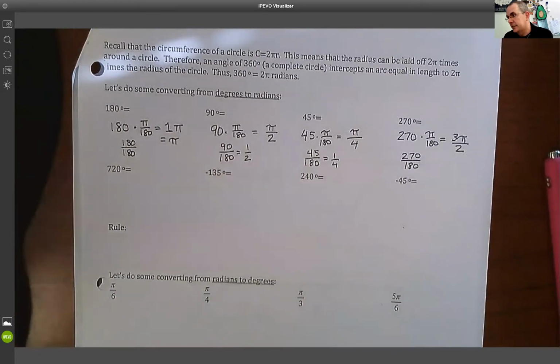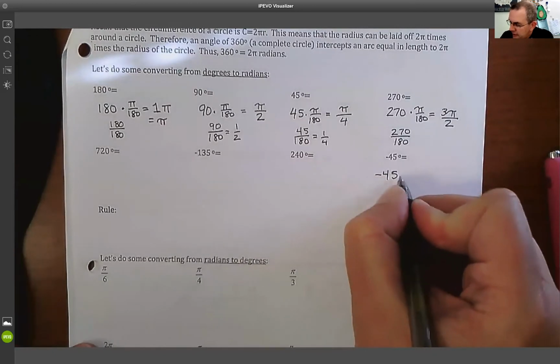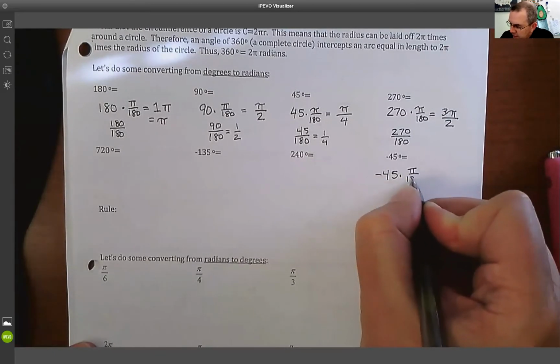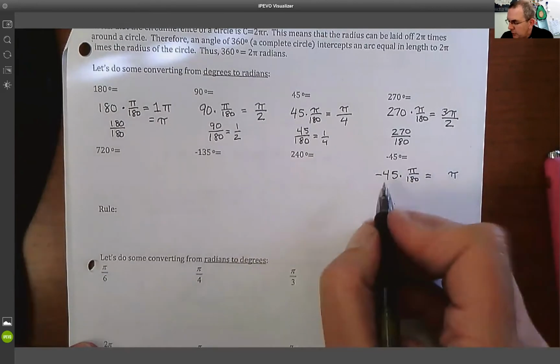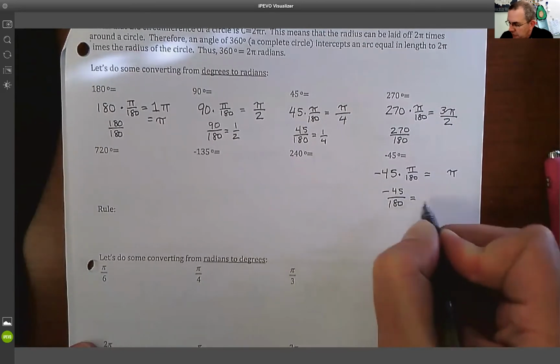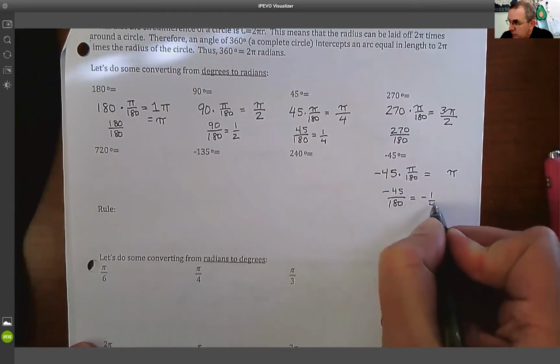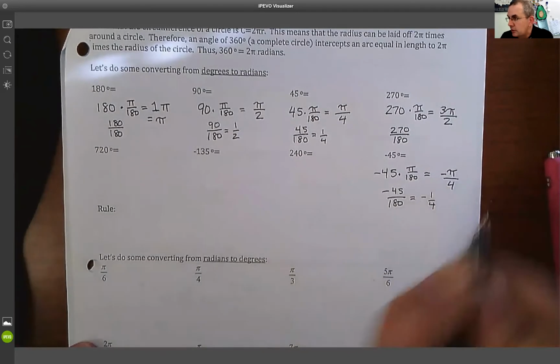And it works for any of them, even for negatives. If I did negative 45 times pi over 180, the pi again gets carried over, and we look at what is negative 45 over 180. When we simplify that, we end up with negative 1/4. So this guy just becomes negative pi over 4.